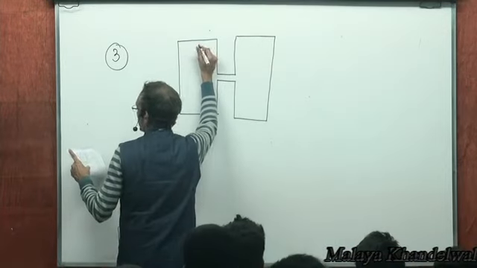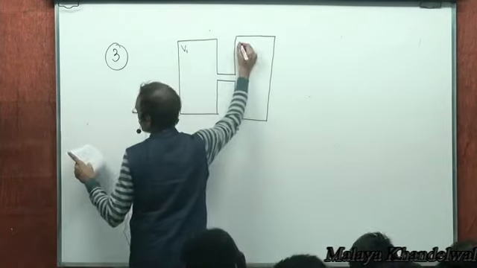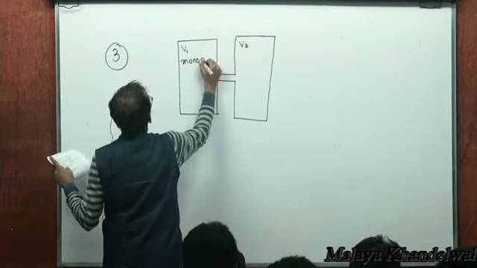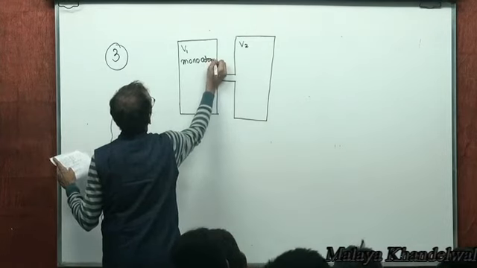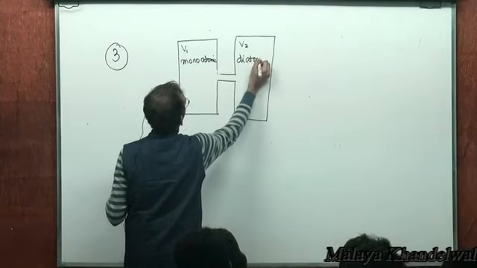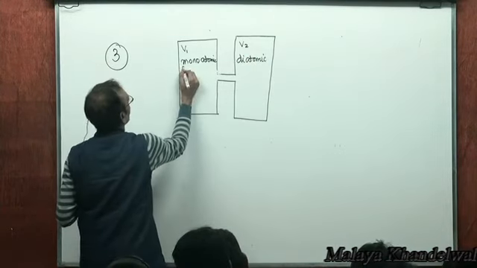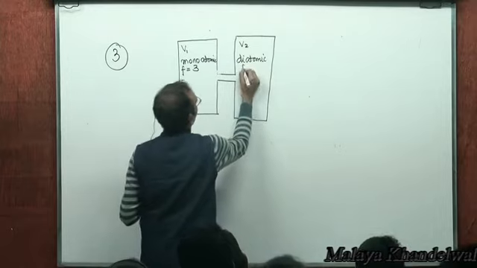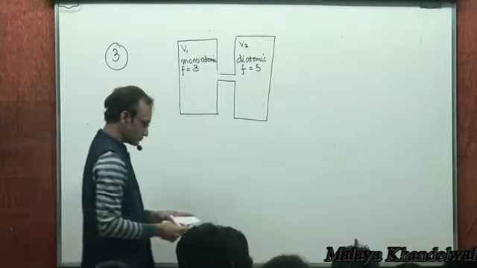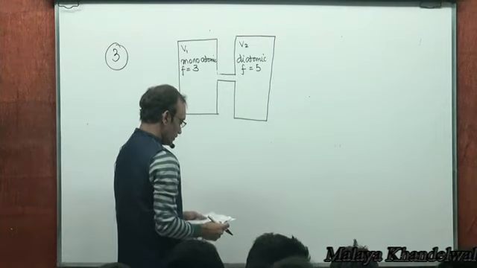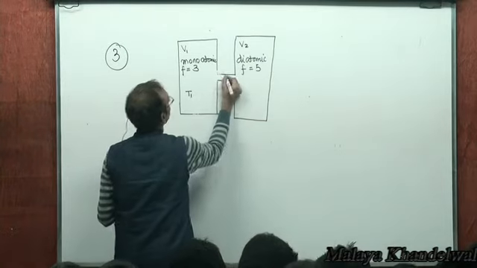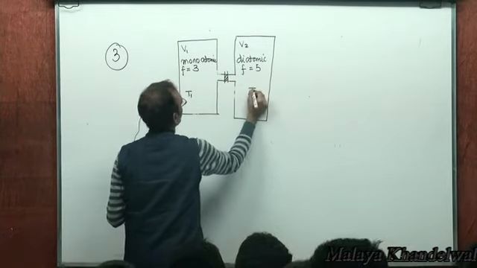And they have volumes V1 and V2. This contains a monoatomic gas, and this contains a diatomic gas. F for a monoatomic gas is 3, F for a diatomic gas is 5, right? And they are at temperatures T1 and T2.